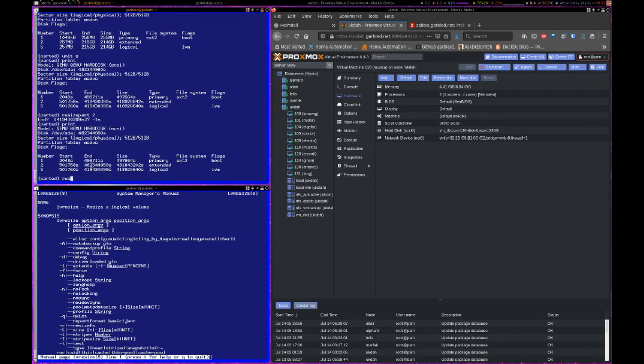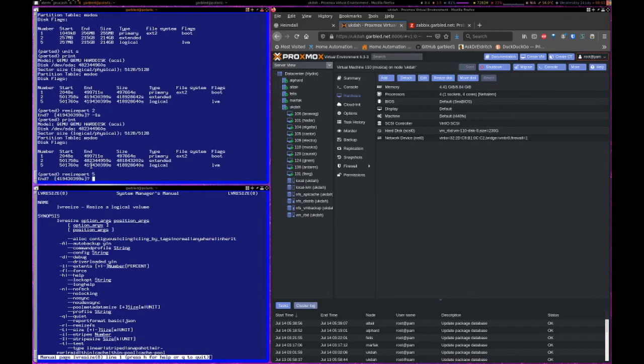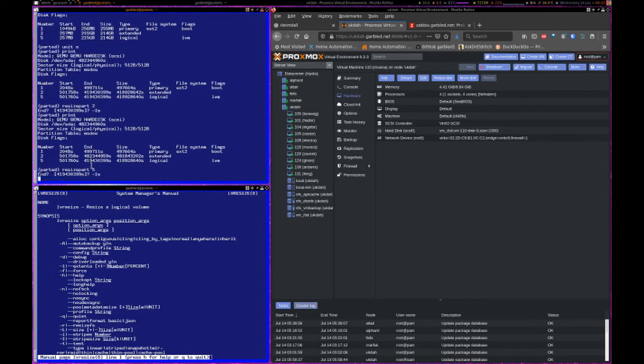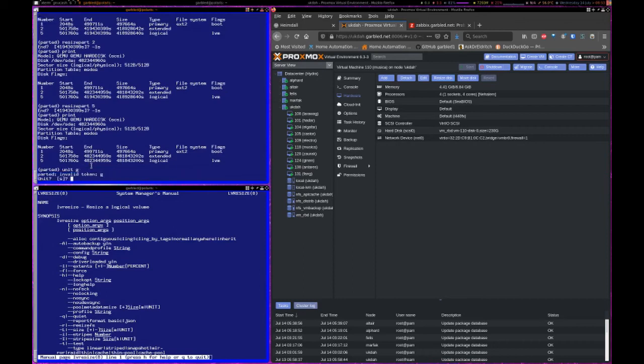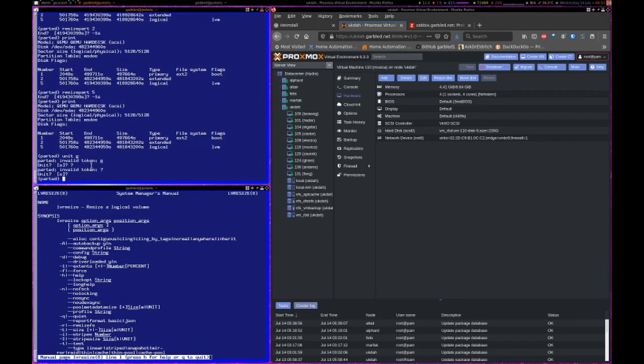We now need to resize number 5. Again, -1s. I don't remember the unit.